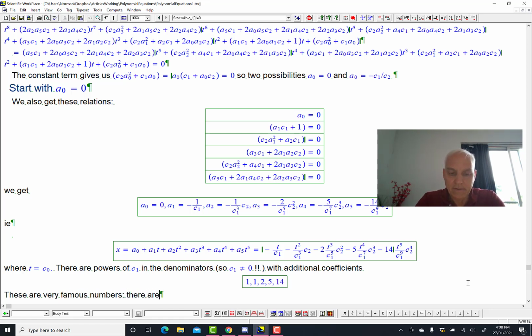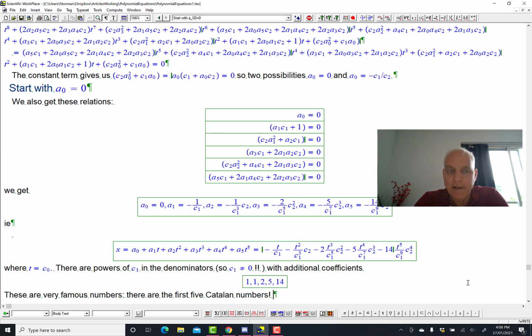They are the first 5 Catalan numbers. So it looks like this elementary kind of manipulation has allowed us to find a little formula, at least the start of a formula, for a solution to a quadratic equation in which the Catalan numbers kind of miraculously appear.